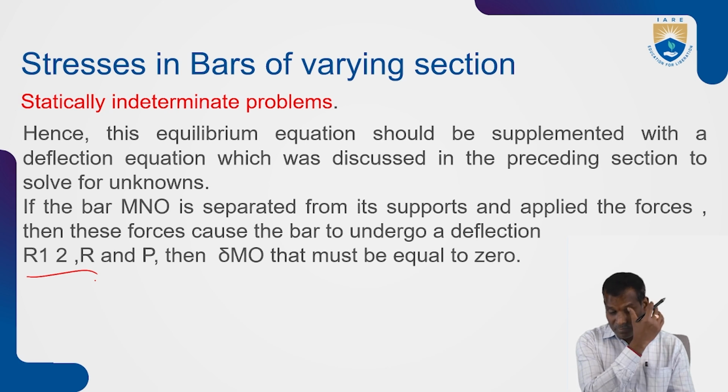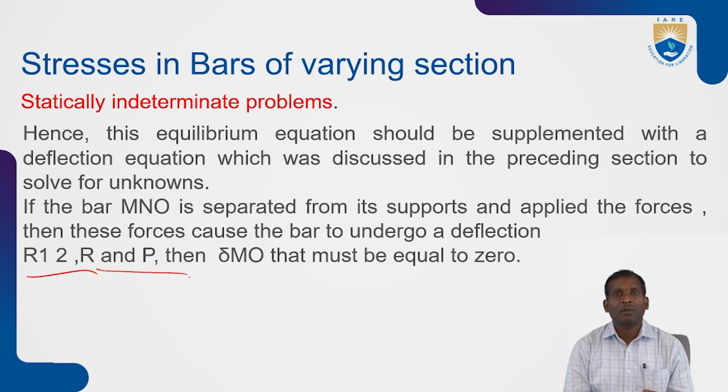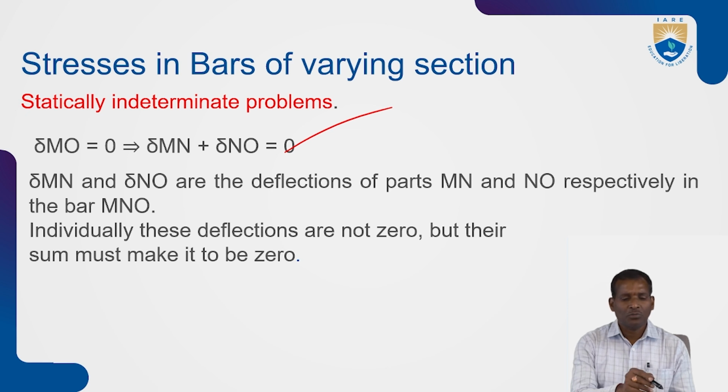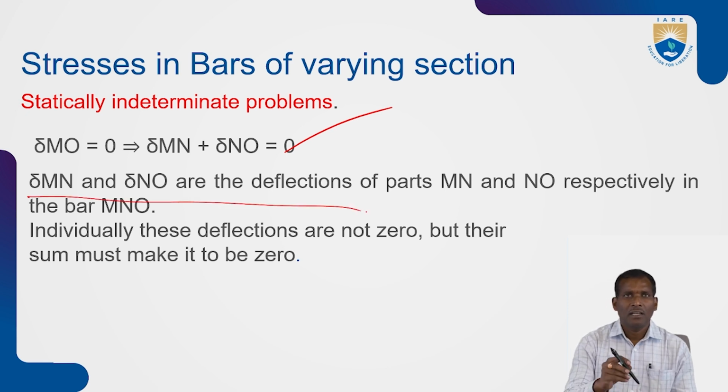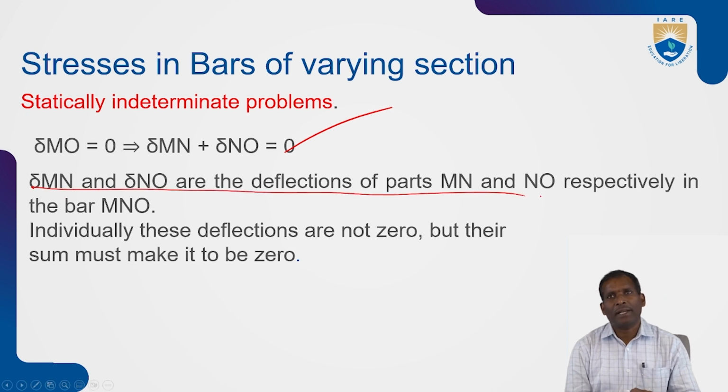The deflection at MO must be equal to 0, so delta MN plus delta NO is equal to 0. These two, delta MN and delta NO, are the deflections of parts MN and NO respectively in the bar MNO.